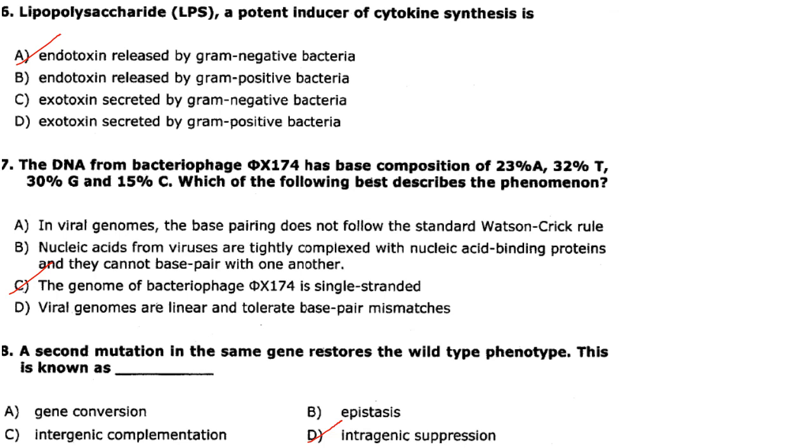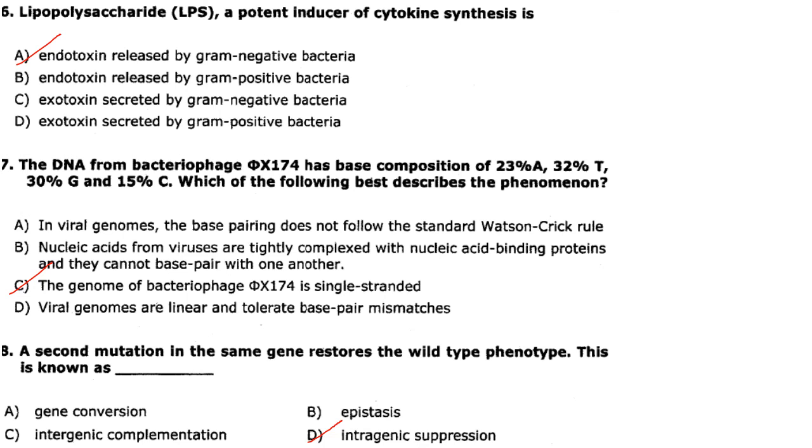Since A is not equal to T and neither is G equal to C, it is naturally a single-stranded DNA. So the genome of bacteriophage X174 is single-stranded is the answer.